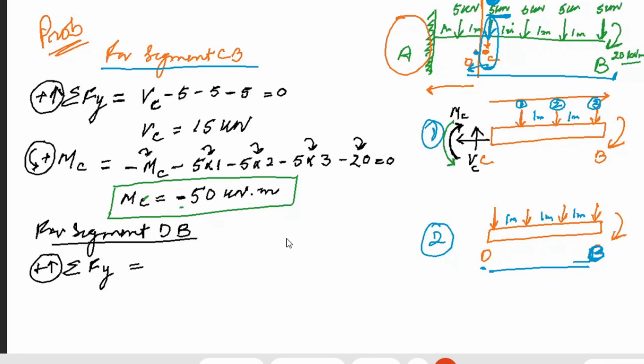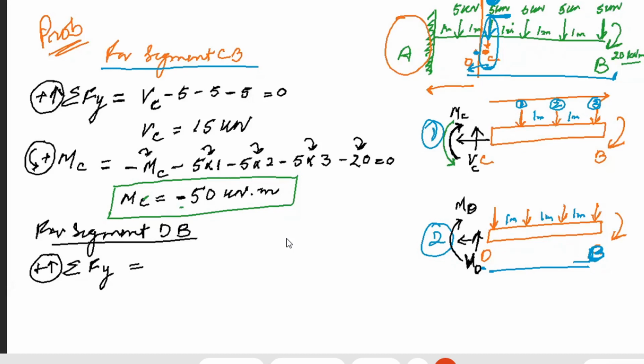Therefore, you will have a vertical force, a horizontal force, and a movement at D. Sorry, now it's D. We are talking about D. Shear force at D.